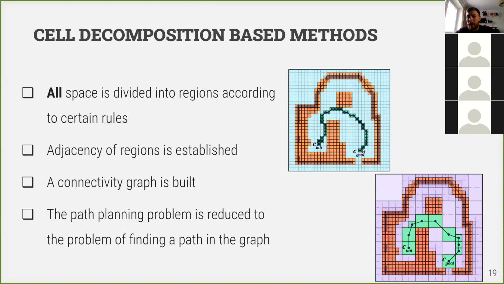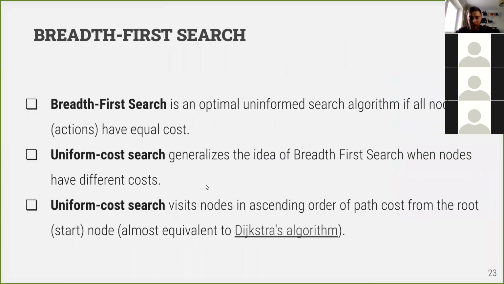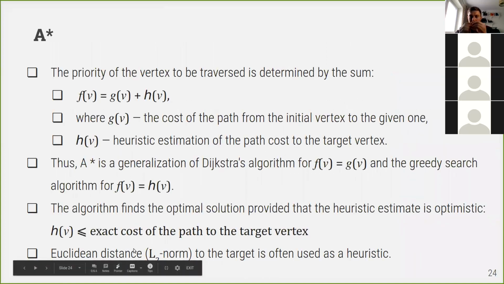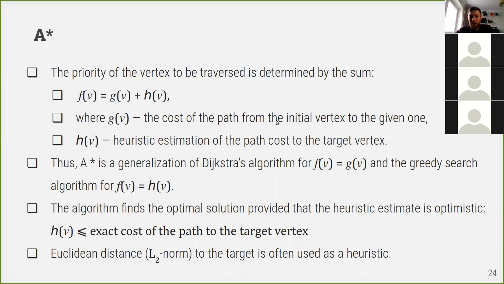That is why it is guaranteed for Euclidean distance, which is measured as just a straight line, that it is either equal or smaller than the exact cost or exact path to the target vertex. And that is why usually Euclidean distance is used for this heuristic. And G is just the cost of the path from our initial state to some state we are considering. So I hope this algorithm is kind of clear.